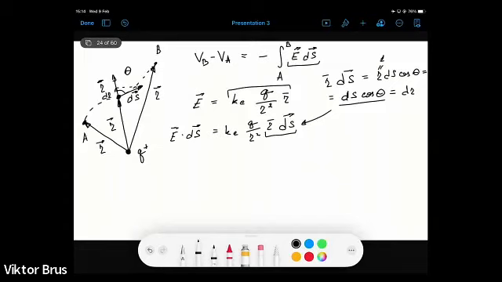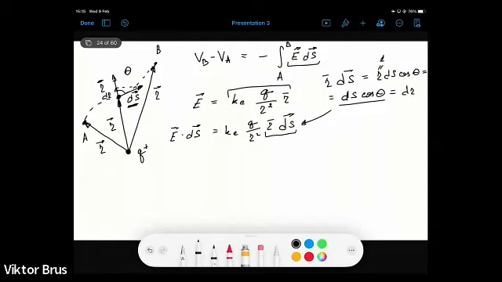We see that if we multiply the ds vector on this figure by cosine theta, that gives us the projection of this ds vector on the direction defined by the R unit vector. That is dr, or in other words, the change of position vector.